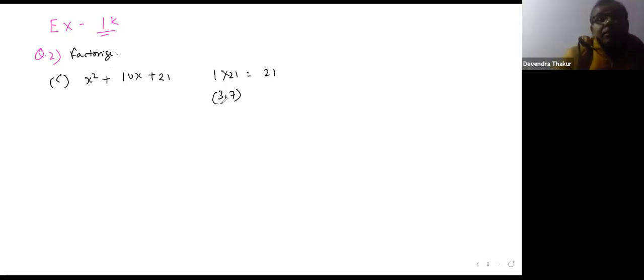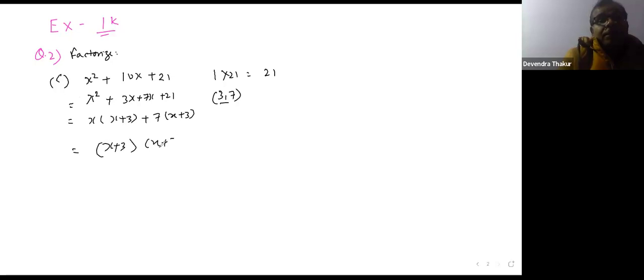So we can just club these two factors: x squared plus 3 times x plus 7 times x plus 21. So taking x common, we have x plus 3, and plus 7 common, x plus 3. So again, we have x plus 3 common and x plus 7.